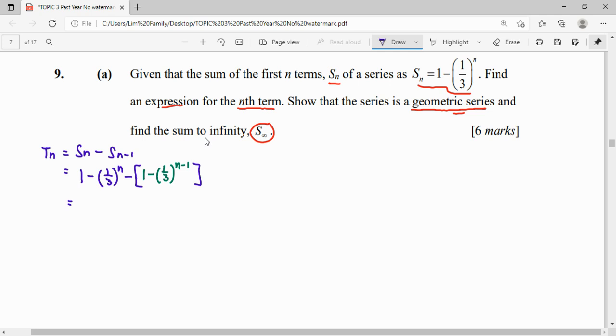So first of all, we expand our bracket. Minus a negative becomes positive. For (1/3)^(n-1), where we have a negative power, we can split it: (1/3)^n times (1/3)^(-1).